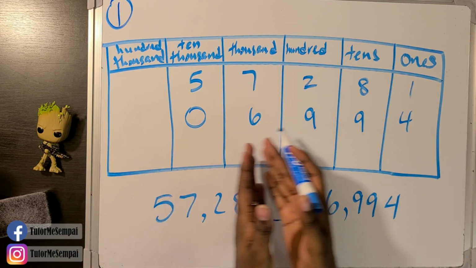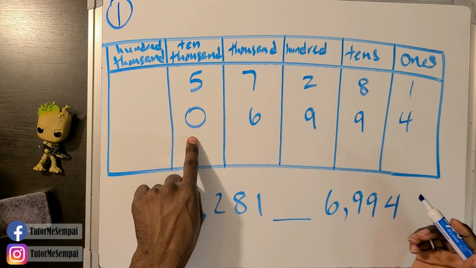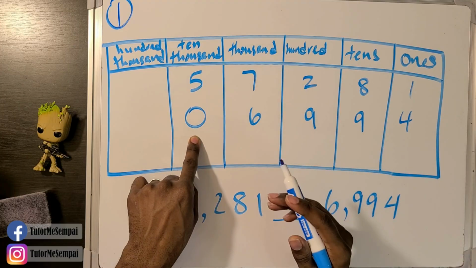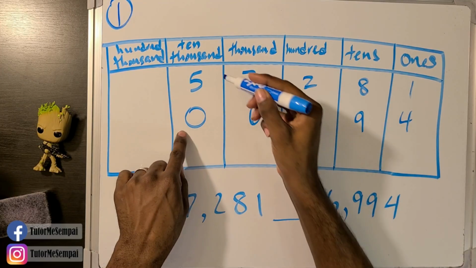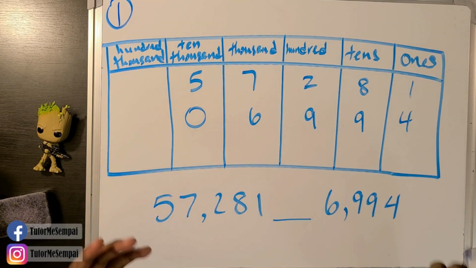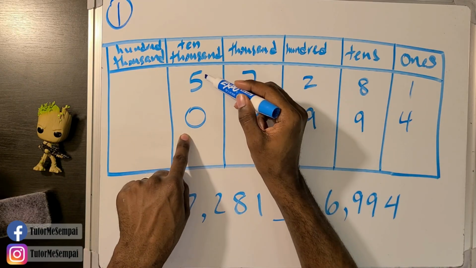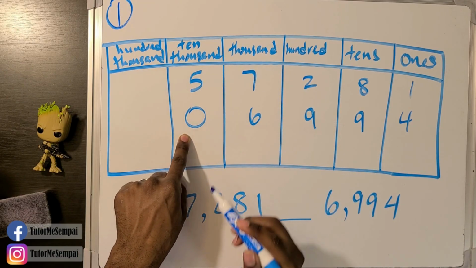Now, you don't necessarily write a number with a 0 up front with nothing else in front of it like this. However, when you're in the place value chart, you can do this. Now you're going to be comparing 5 to 0. We have 5 10,000s or we have 0 10,000s. Which one is going to be bigger? The 5 10,000s is going to be bigger than the 0 10,000s.